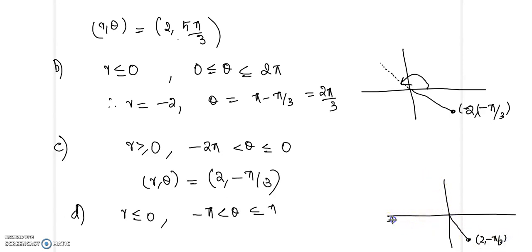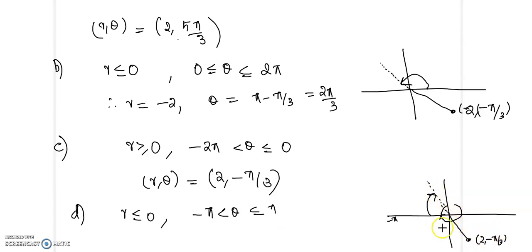So here the angle -π starts here, -π to π, that is this angle. Okay, so take the side opposite to the terminal side. So from -π/3, take this angle and instead of taking on this side, take -2 here.